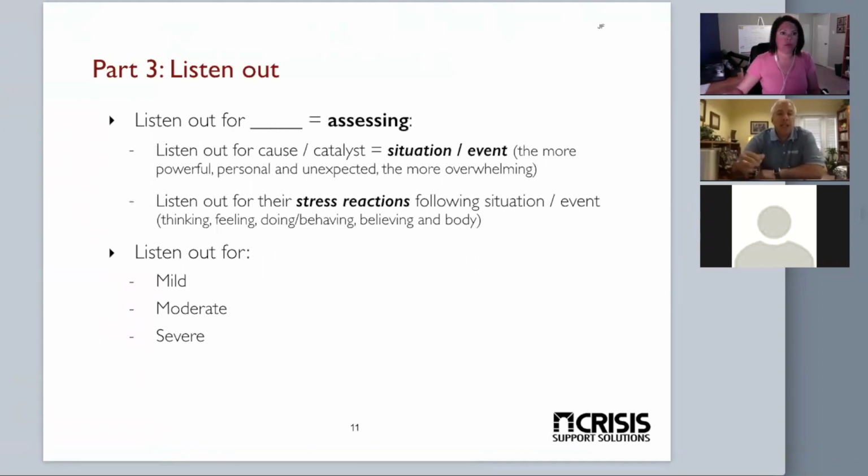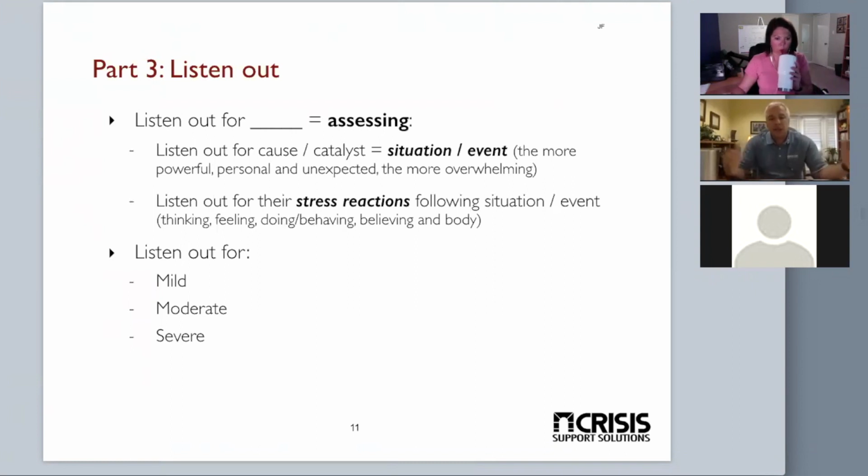All right, so listening out, you'll recall this from training. This is a majority of a day when we talk about assessing a situation and what we're actually listening out for. And you remember we talk about a situation or event being personal, powerful, and unexpected. Those things are the prerequisite of what we're listening out for: how powerful the situation is, how personal is it to the person you're talking to.